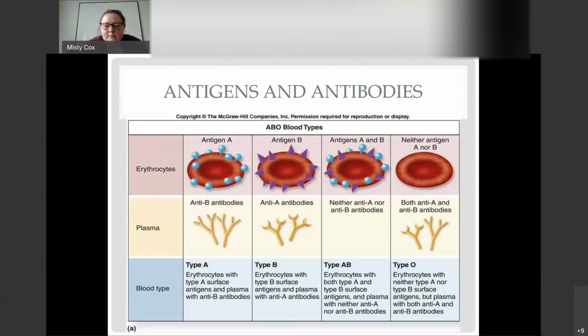If you look at the antibodies in the plasma, you'll see that they have what I call little hands. You either have triangle hands or you have circle hands. Those triangles or circles will match an antigen. If it has circle hands, it would match a circle antigen. If it has triangle hands, then it matches a triangle antigen.